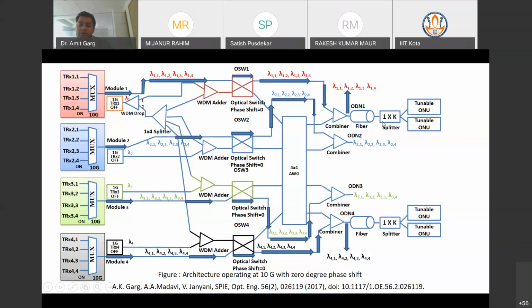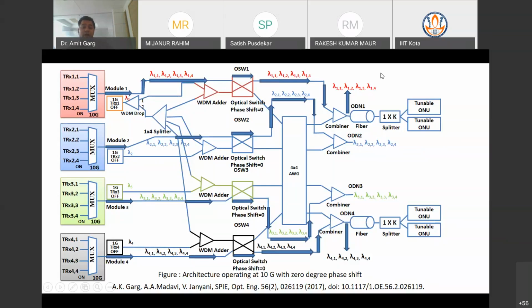It means the number of users is more. Then what we can do is just switch the phase of this switch from 180 to 0. So all these wavelengths will directly move towards this point. Now whatever wavelengths are transmitted from this module 1 are reaching optical distribution network 1.